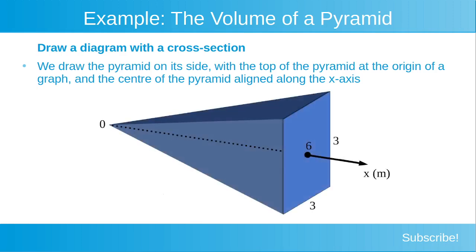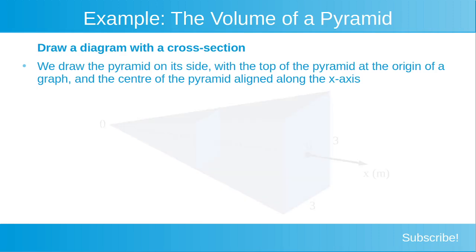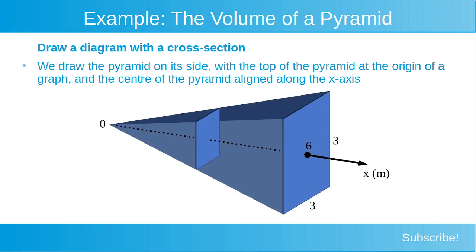We add in the dimensions, the proportions of our pyramid. So our pyramid extends for 6 meters along that x-axis, and at its base, its sides are 3 meters long. We also add in a 2-dimensional cross-section to the object, which is perpendicular to the axis.